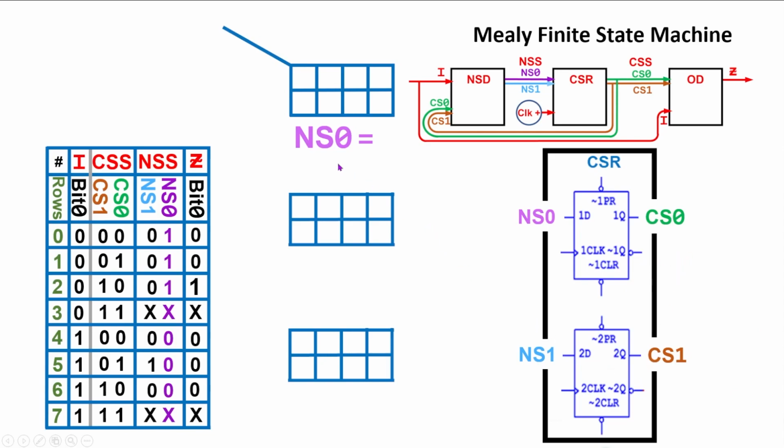But we're going to simplify the NS0 column so we know what to feed into the flip-flops as NS0. And of course, the NS0 column is here. And I'm putting tails on the truth tables because CS0, CS1, all that stuff is too much information to try to fit above the squares.